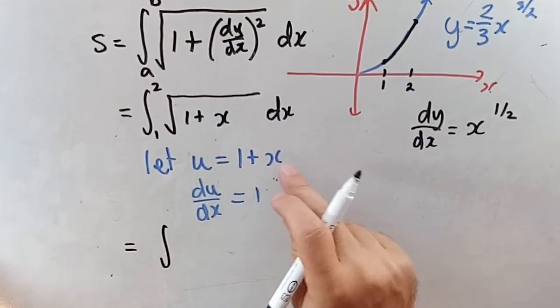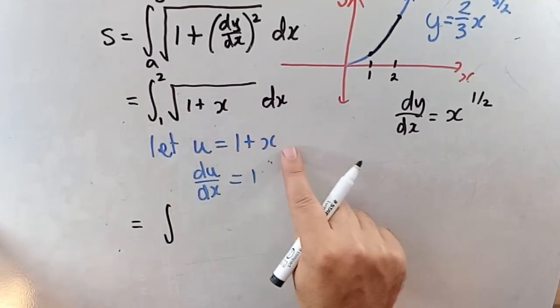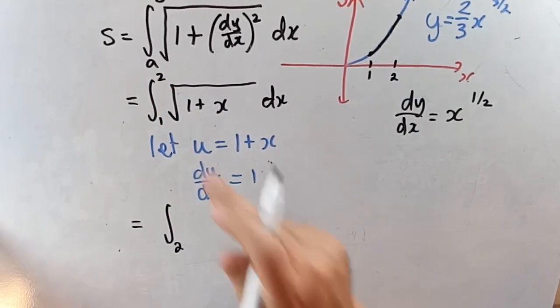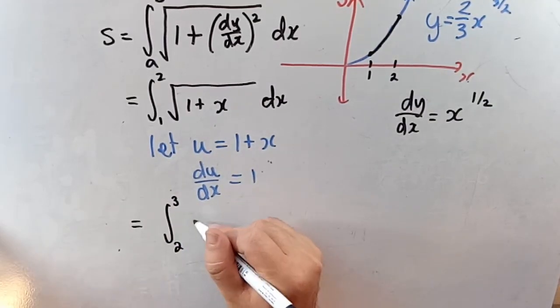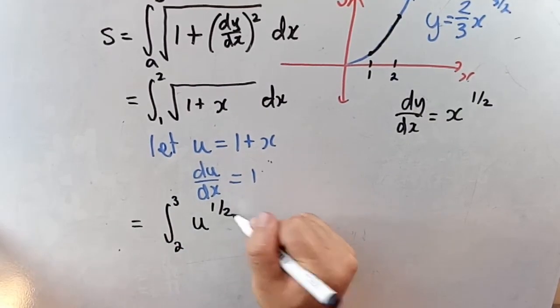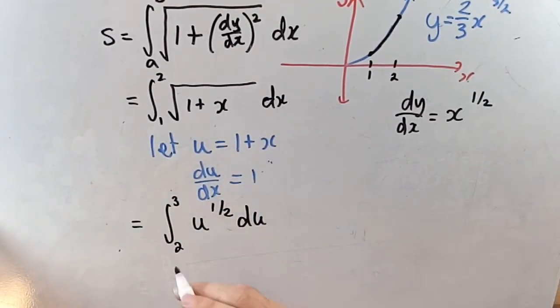So I put in 1 for x, and it shifts up by 1. 1 in for x gives me 2, and 2 in for x gives me 3. And I just want u to the 1/2 du, because du/dx is equal to 1. So that substitution goes in quite nicely.